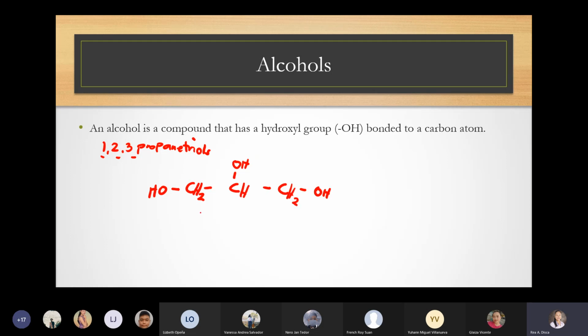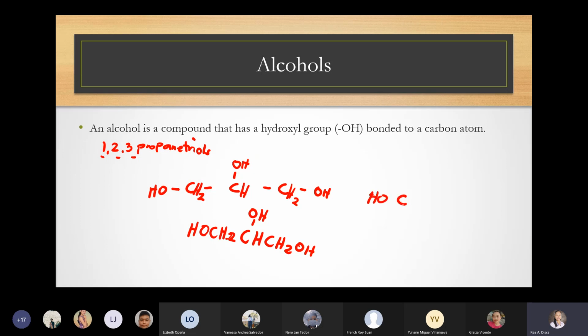So the formula for this now is pwedeng ganito: CH2OH, CHOH, CH2OH.